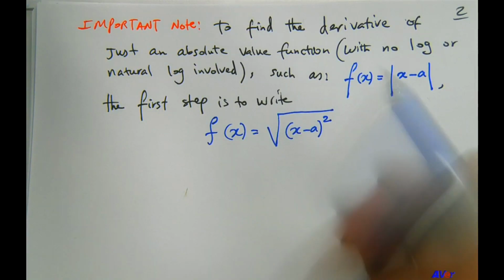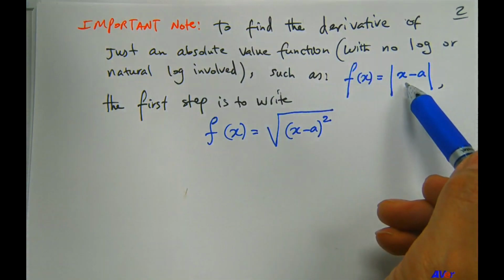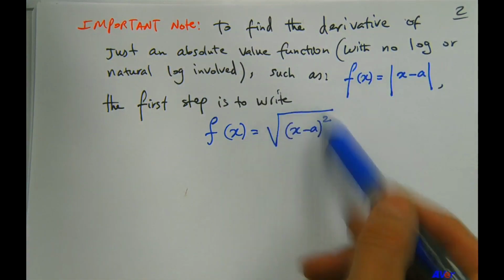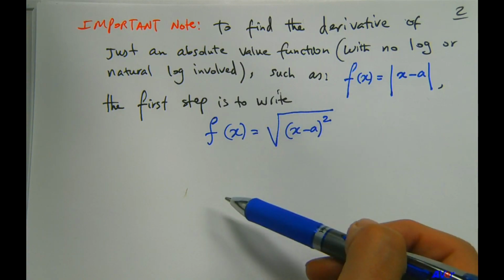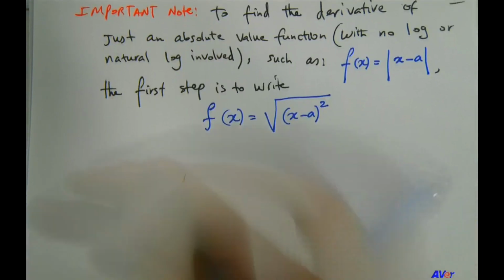So that absolute value function is equivalent to this radical function or square root function. These two are equivalent, identical, but written in a different way.